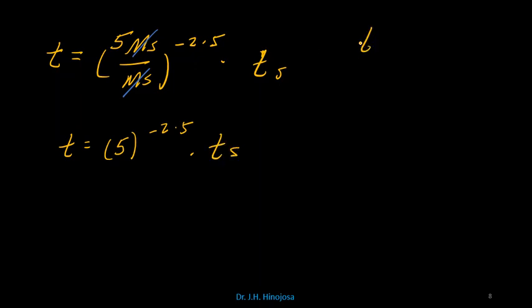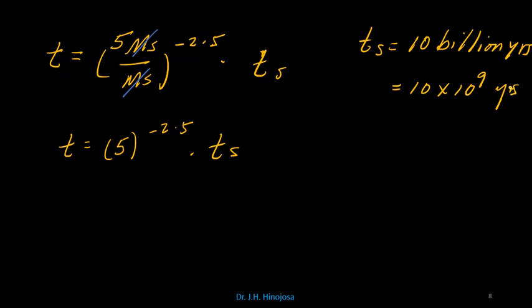But remember that the lifetime of the sun is 10 billion years, or 10 times 10 to the 9 years, or we can simplify this as 10 to the 10 years.